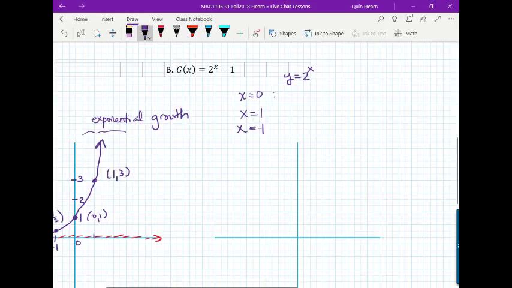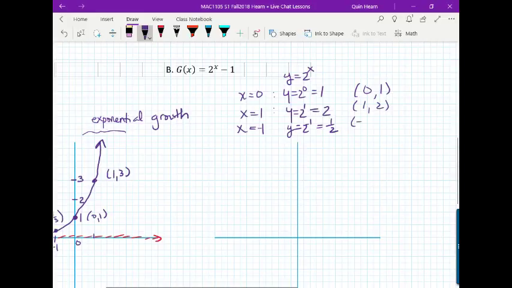So 2 to the 0 is just 1. 2 to the first would be 2, and 2 to the -1 would be 1/2. So we have the points 0, 1, 1, 2, and -1, 1/2 is what I would normally be graphing. And then I would have my asymptote at y equals 0.